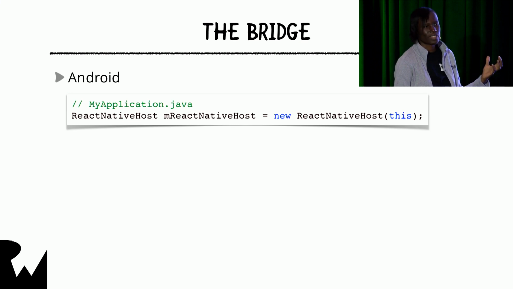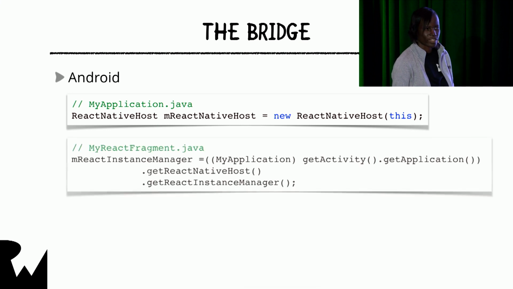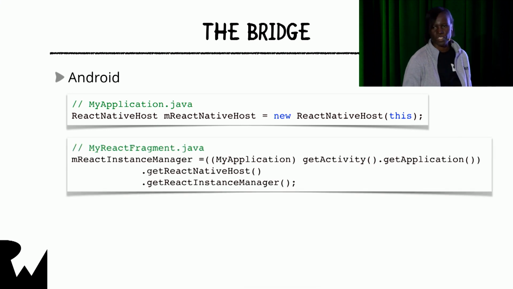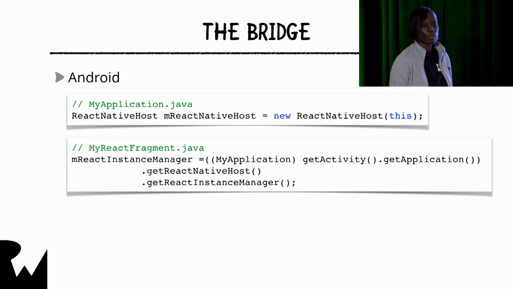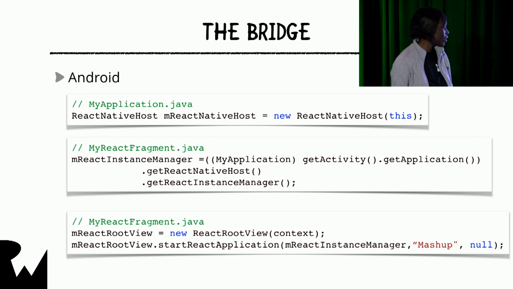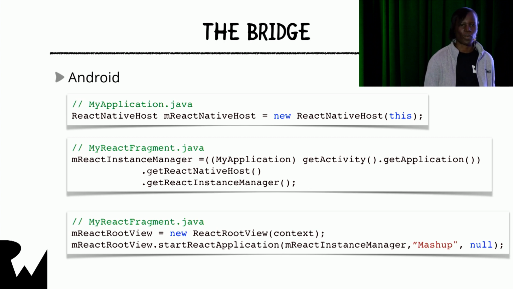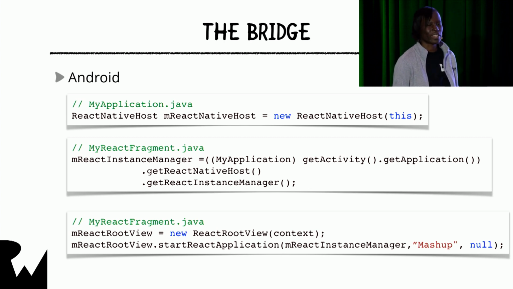Once that is available, you can get access to the actual instance manager. Then when you're creating a React view, you use that instance manager to start the application, by calling startReactApplication on a React view. It's slightly different than iOS, but it's doing the same thing under the hood.